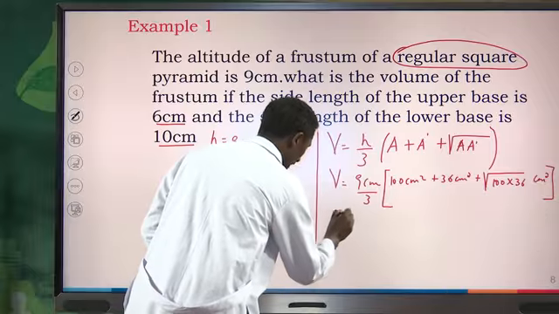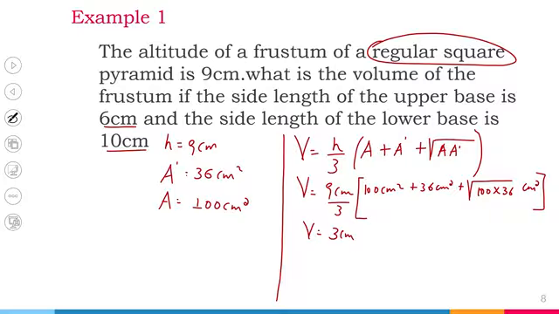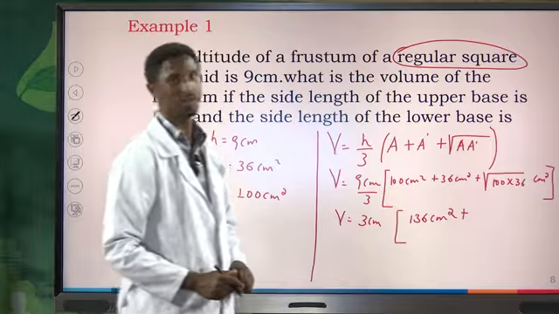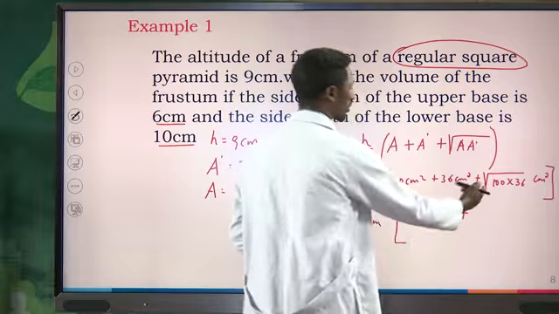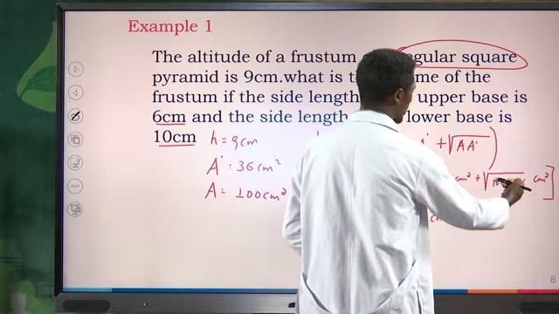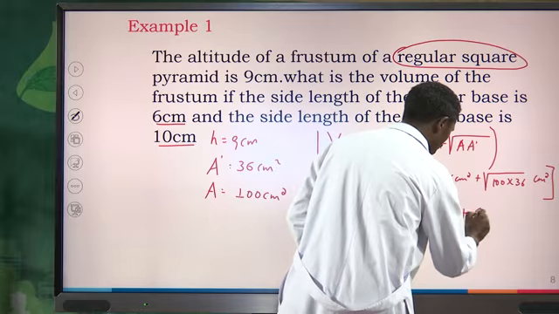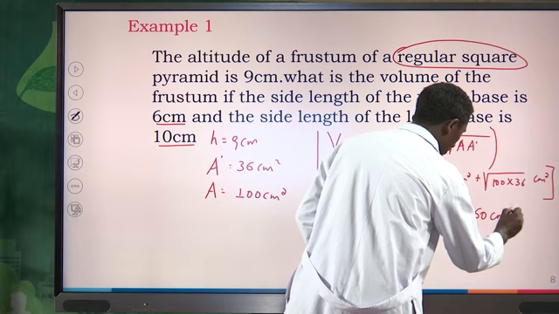So the volume V equals 9 over 3, which is 3 centimeter, then into 136 centimeter square, then plus, what is the square root of 100 times 36? The square root of 100 is 10, the square root of 36 is 6, so it is 60 centimeter square.